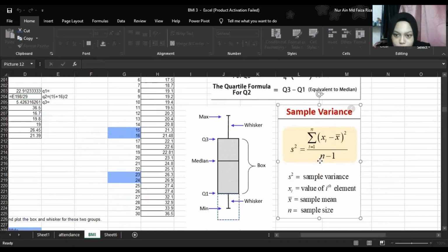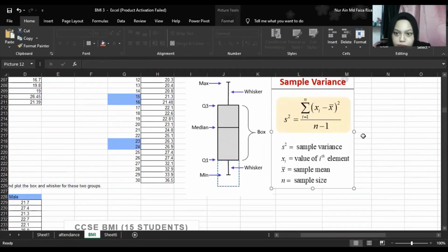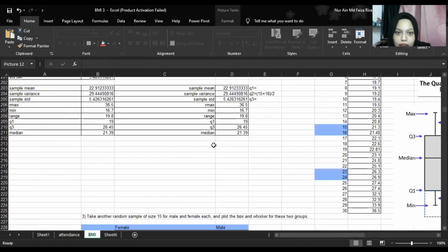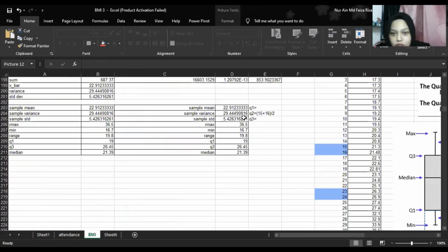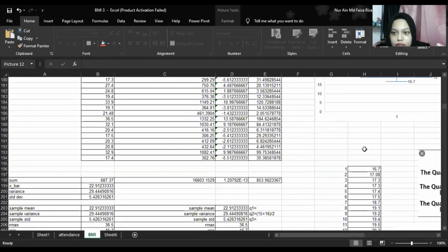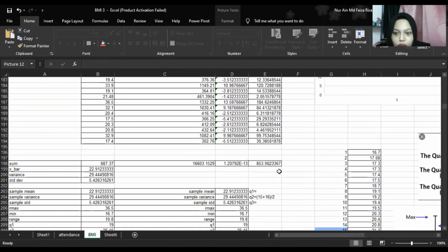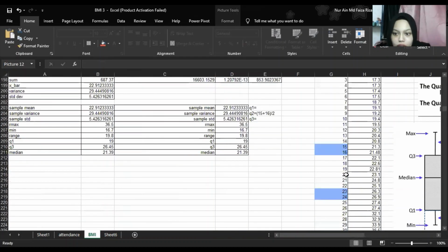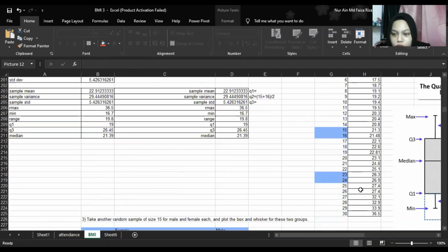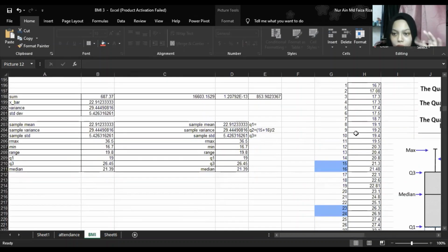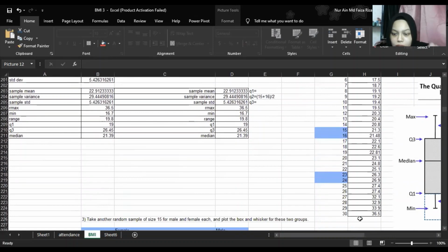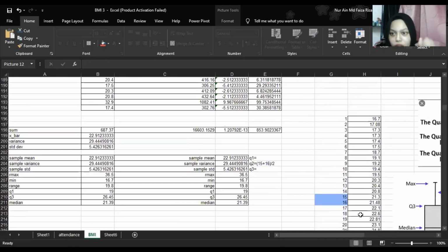Next, standard deviation is the square root of sample variance, so I got 5.42. For max, it's stated here, it's 36.5. I've already sorted them from smallest to largest. As you can see here, the maximum value is 36.5. The smallest value is 16.7, which means it's the min.